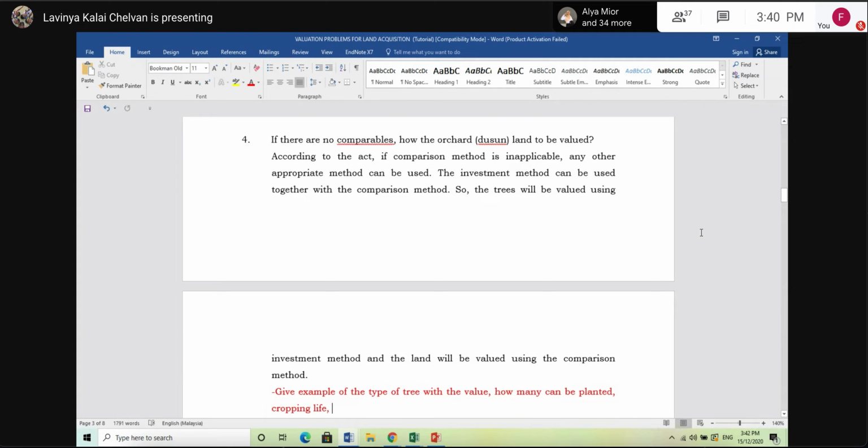Okay, why? Now the onus of proof is on you to convince me that the investment method can be used to value the dusun land or the plantation, agriculture, whatever.